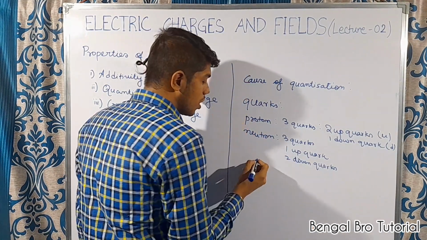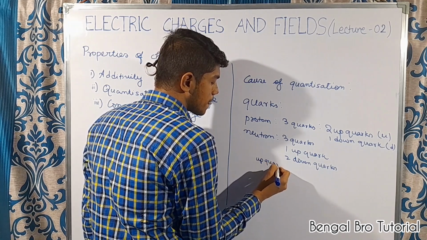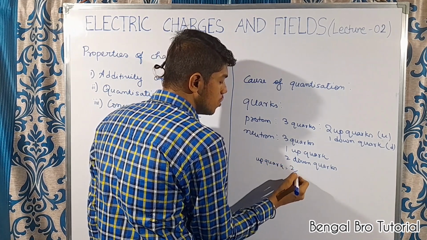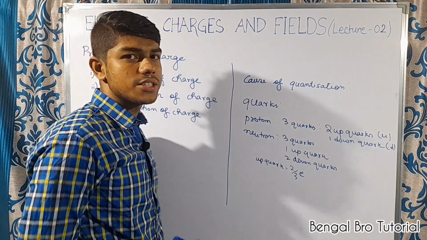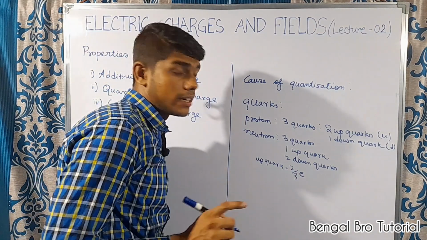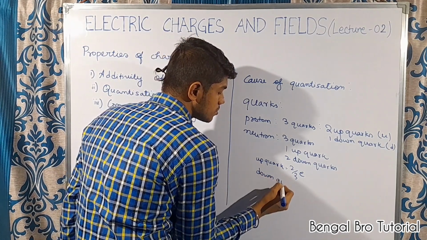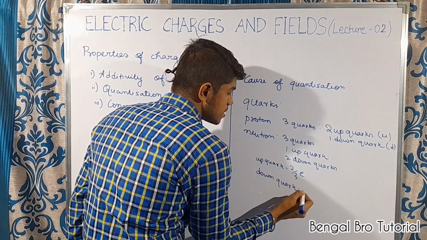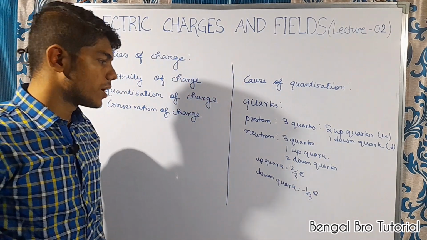The charge in 1 up quark is equal to 2/3 e, 2/3 of the charge present in an electron, and a down quark has a charge of -1/3 e.